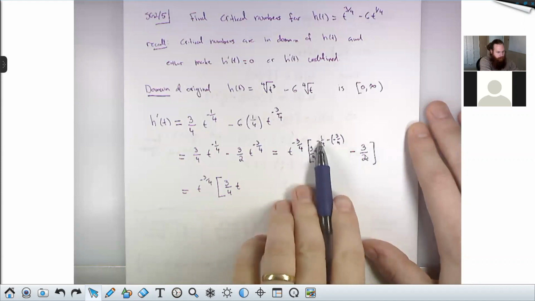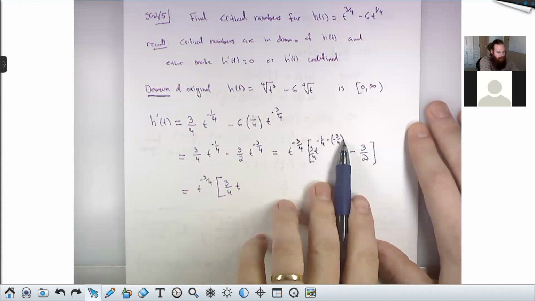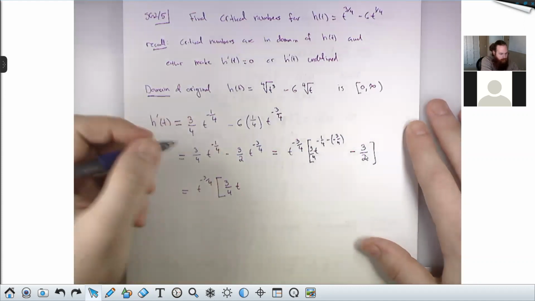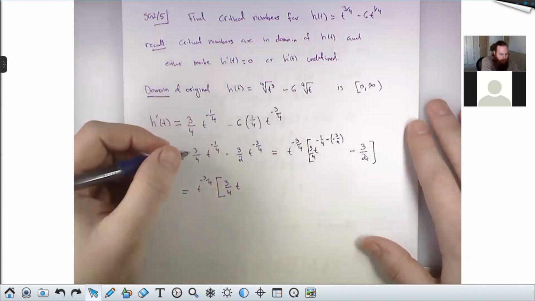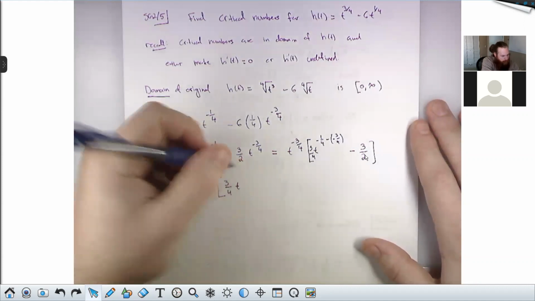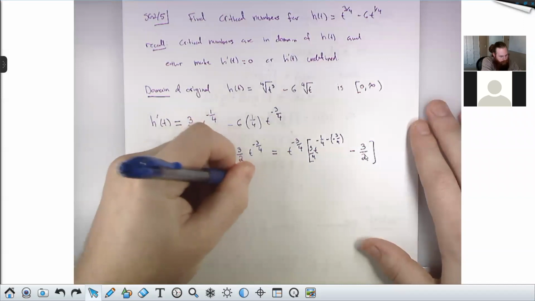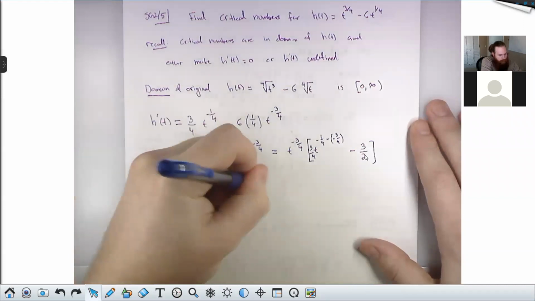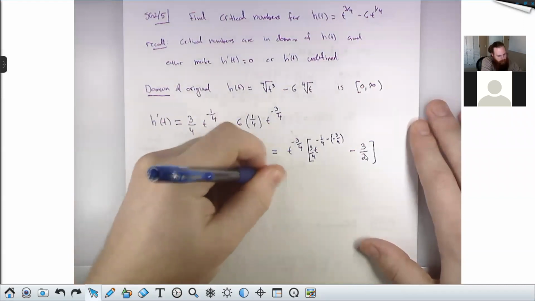So negative 1 plus 3 is positive 2. So that's t to the 2/4. Is that right? Negative 1 plus 3, yeah. And then we've got our minus 3/2 here.